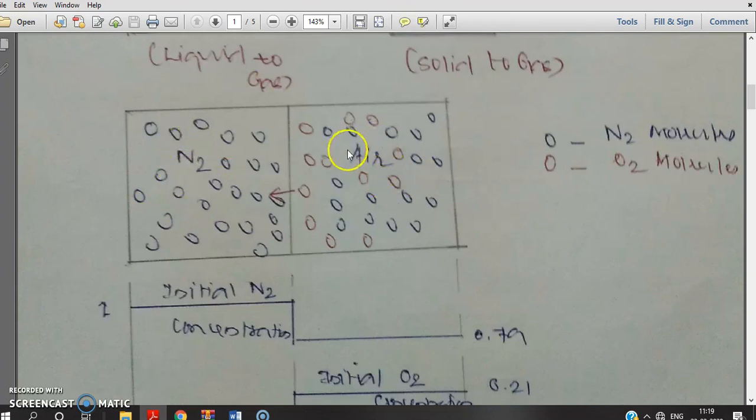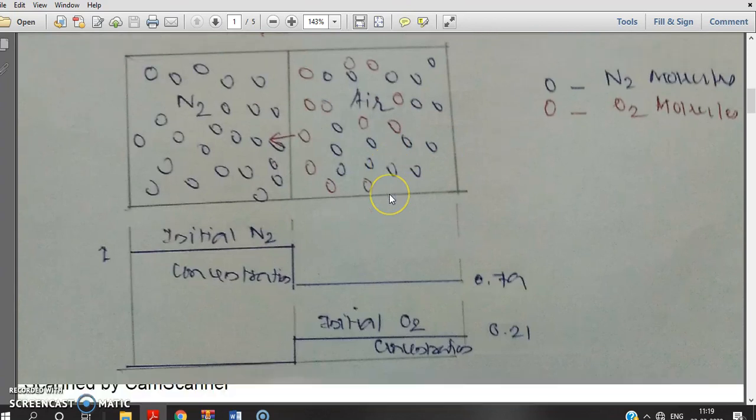Similarly, the concentration of oxygen is higher in the right hand side tank compared to the left. So what happens here? Diffusion takes place from the higher concentration side to the lower concentration side. The nitrogen molecules slowly diffuse from the left hand side to the right hand side. Similarly, the oxygen molecules slowly diffuse from the right hand side to the left hand side till it reaches equilibrium.